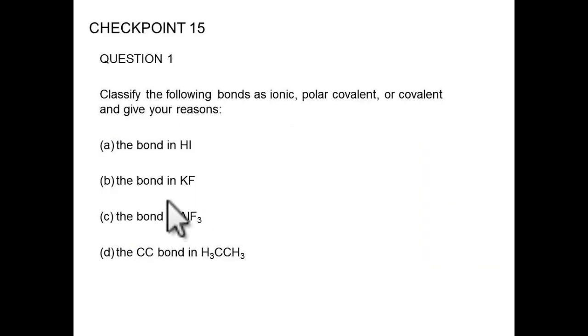Some checkpoints you can have a look at. Classify each of the bonds as ionic, polar covalent, or covalent bond. Remember, you can only determine this after you calculate the differences in the electronegativity values. So in order to do this, you must refer to an electronegativity scale.